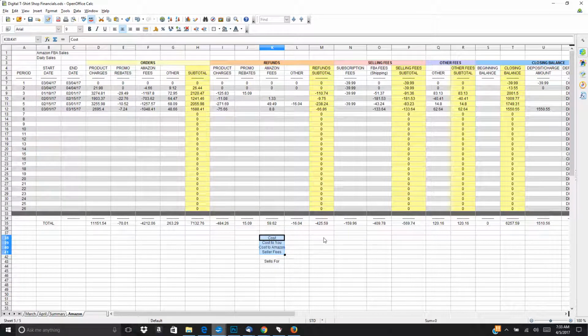For example, if I have an item that costs me $8 and it costs me 50 cents to get it to me, and it costs me 50 cents to get it to Amazon, and Amazon's fees are $4.50, my total cost is $13.50. I do not want to sell it below $13.50.